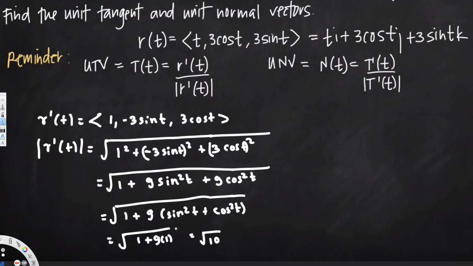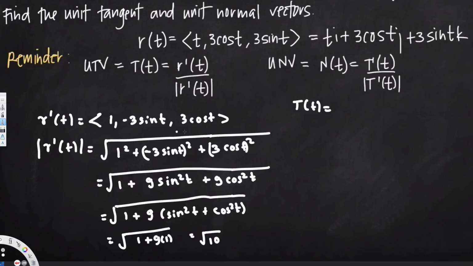Now we have found the tangent vector and the magnitude of the tangent vector. To find the unit tangent vector, we use this equation. T of t is equal to r prime of t, divided by the magnitude of r prime of t, which is the square root of 10.